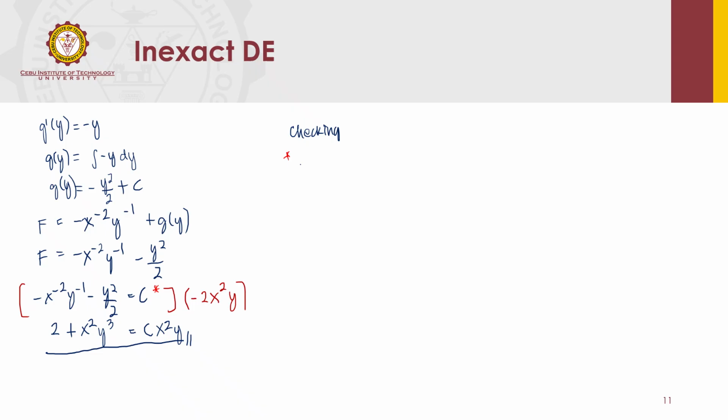So that's negative of negative 2x to the negative 3, y to the negative 1, dx, and then plus for dy, that's negative x to the negative 2 times negative y to the negative 2 dy, for the first term here.